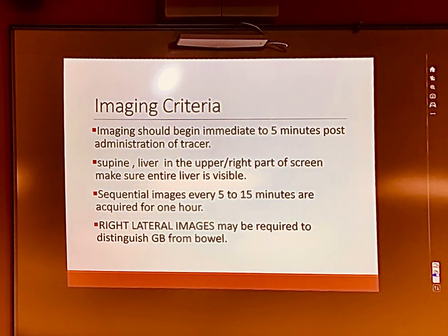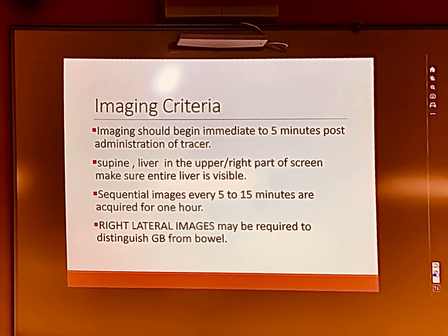When you are done, either way, and you see gallbladder, it is always best practice to do a right lateral image and a left anterior oblique image. Okay, that is best practice. Right lateral image is going to pull the gallbladder forward and it will separate it from the bowel.